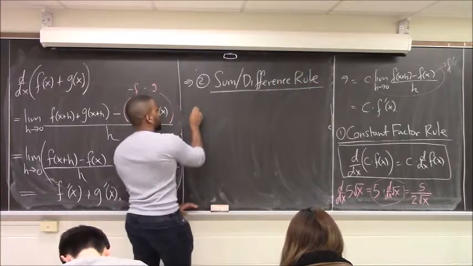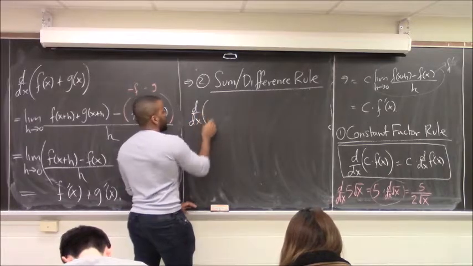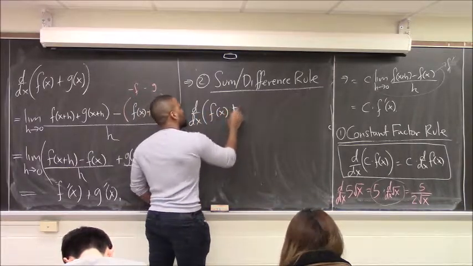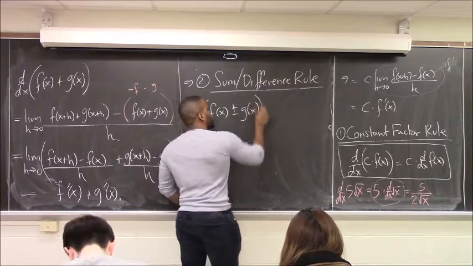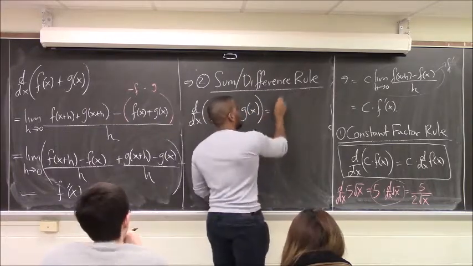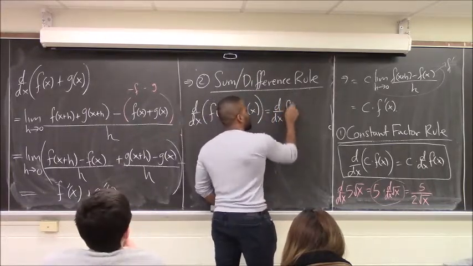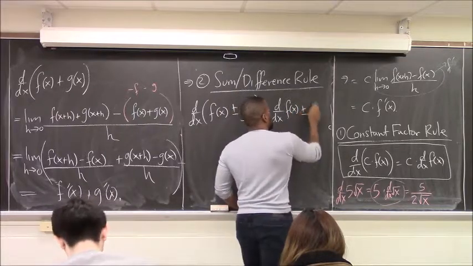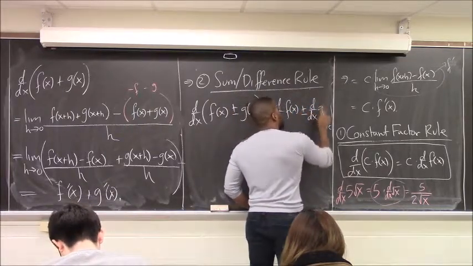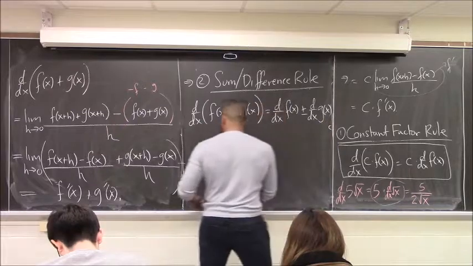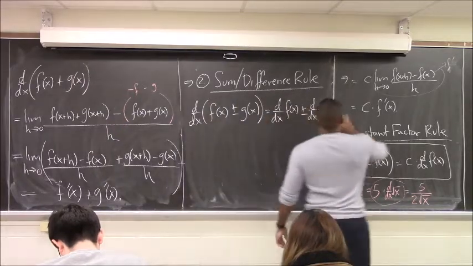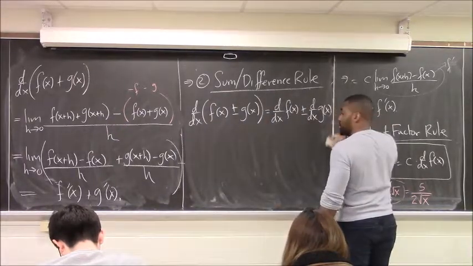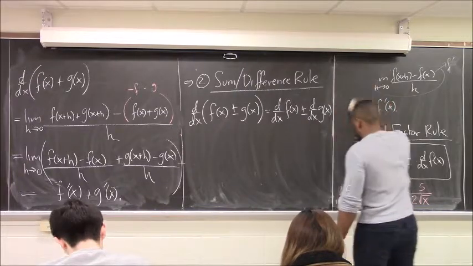This rule says to take the derivative of a sum of functions, it is just the sum of the derivatives of the functions. So derivatives distribute across sums. That's the takeaway here.